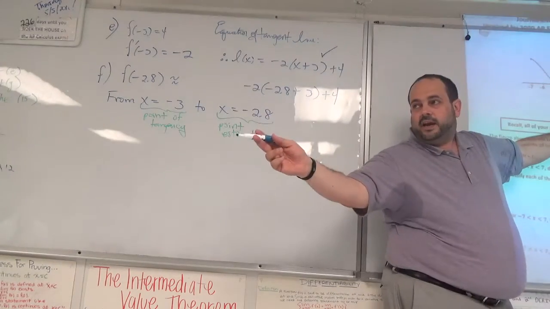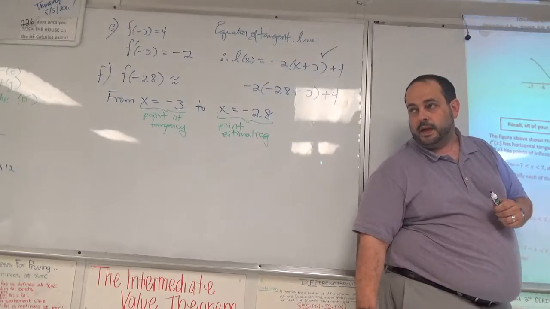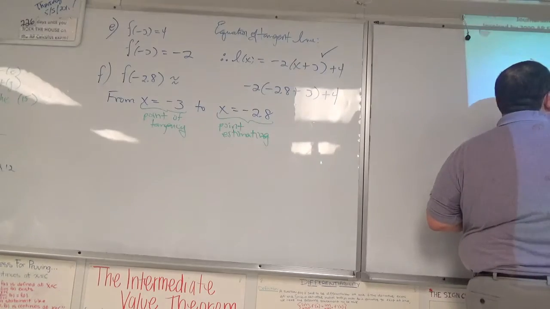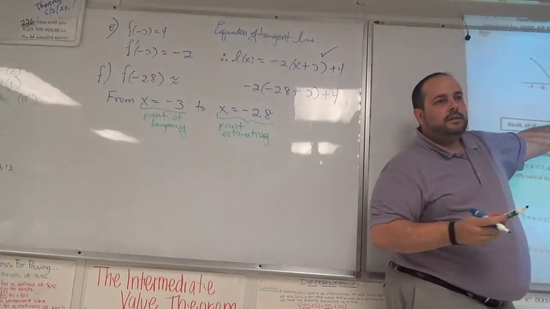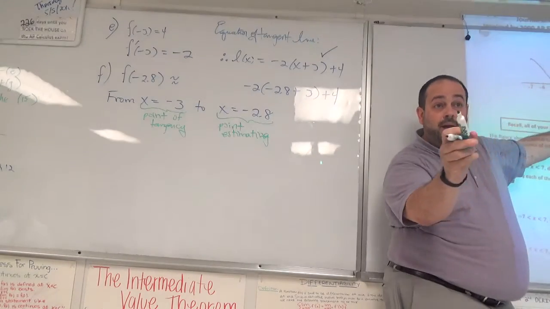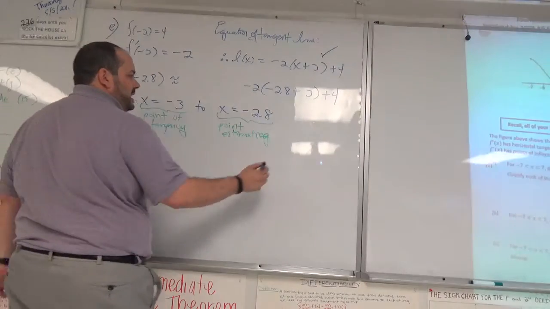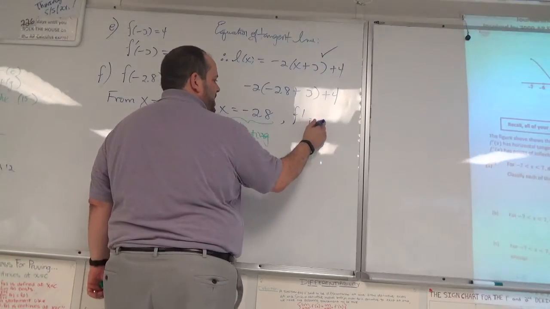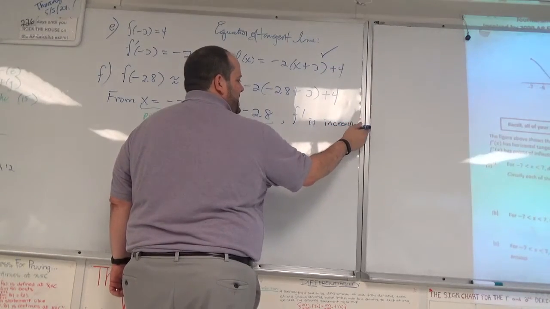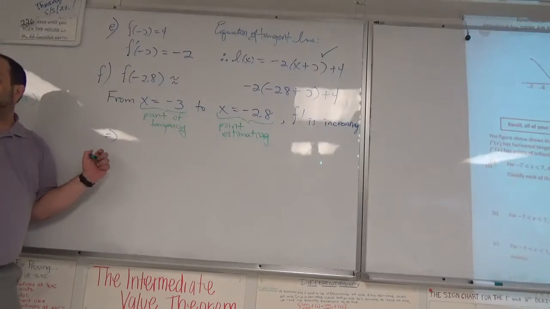Jennifer, what's the concavity of f going to be? Okay, why? Because f prime is increasing between x equals negative 3 and x equals negative 2.8. Is everybody okay that f prime is increasing? So here's what you need to write: from x equals negative 3 to x equals negative 2.8, f prime is increasing. I care about that, because now you can tell me something about f.